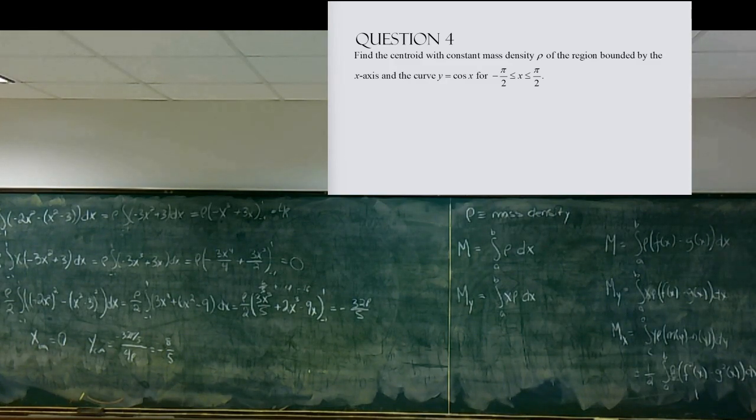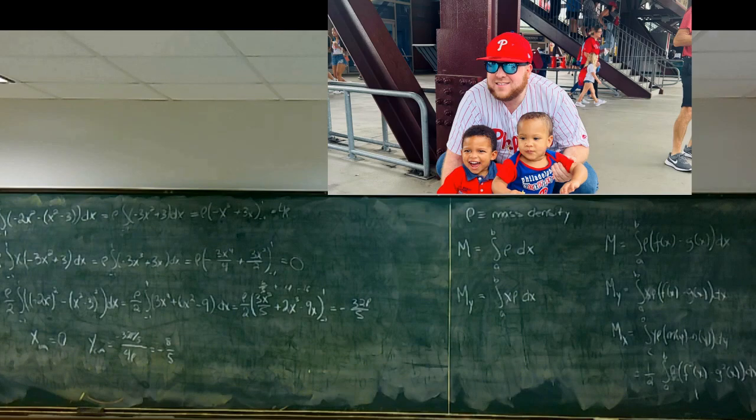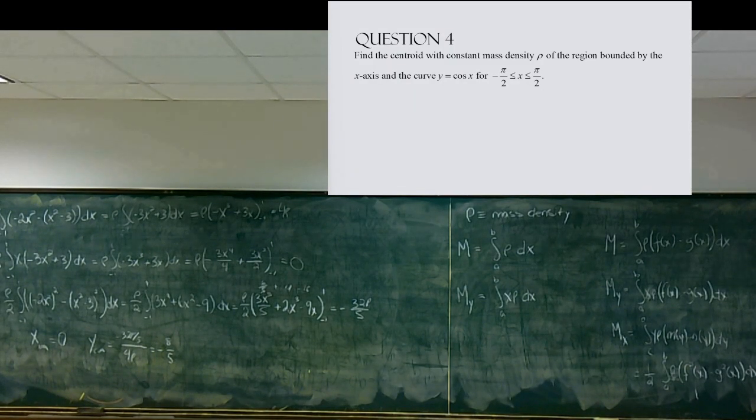Yeah, that's not really worded well. Let me fix the way that's worded. Find the centroid of the region with constant mass density rho.